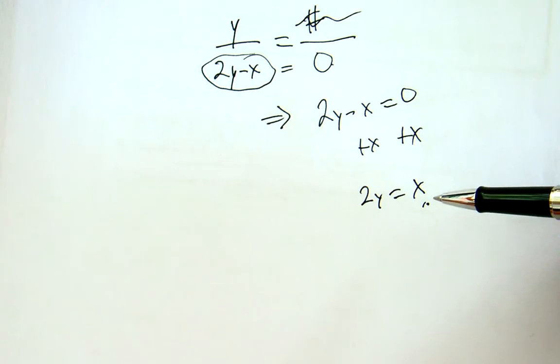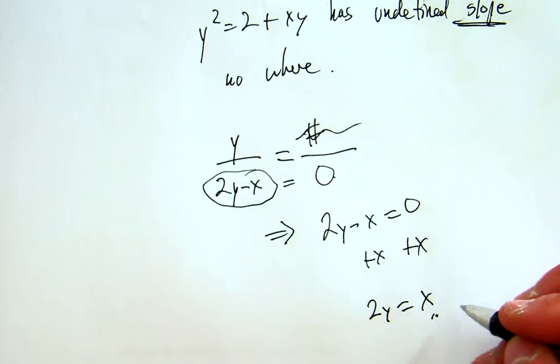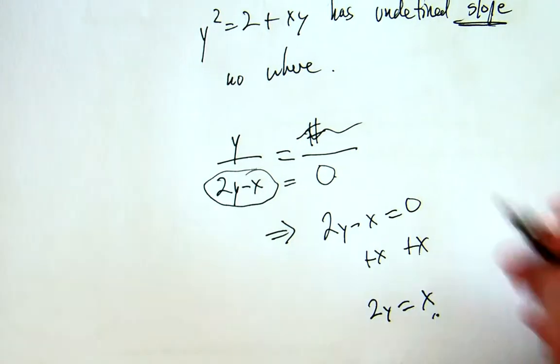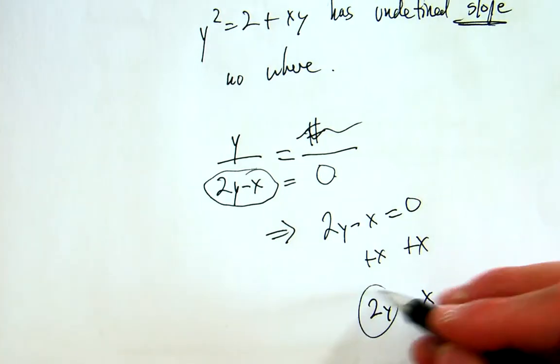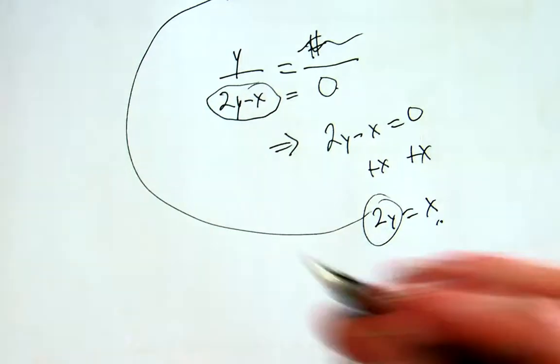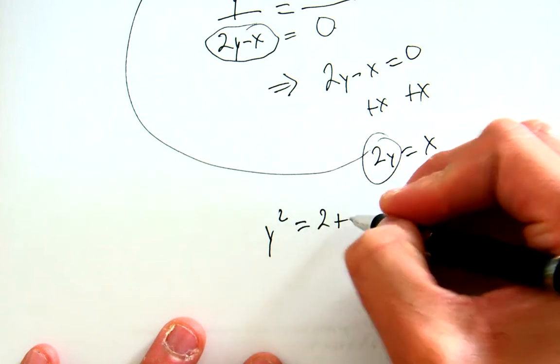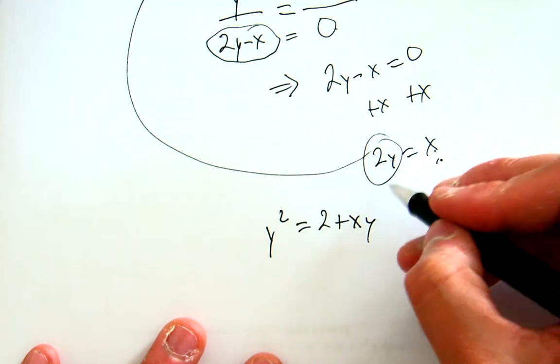So how does this help us? Well, we want to show that this is somehow a contradiction. To do so, I'm going to plug this back into the original equation and see what we get. My equation is y squared equals 2 plus xy. I'm going to plug this in for x here.